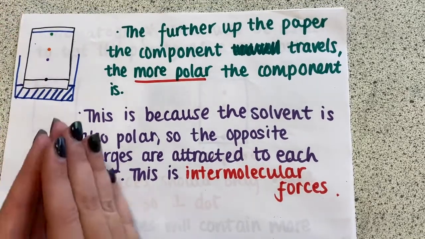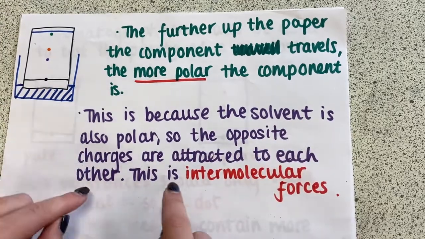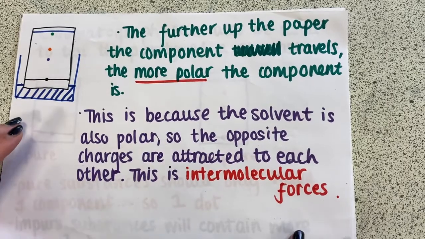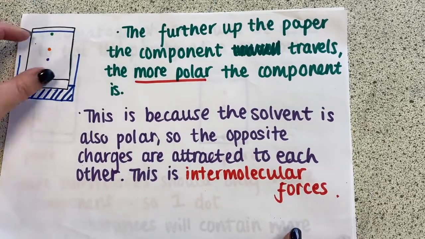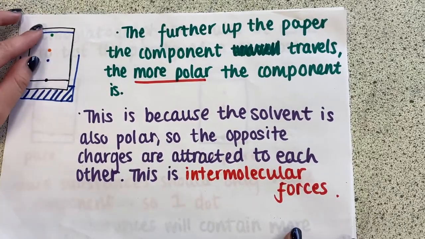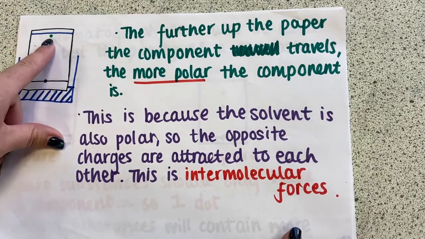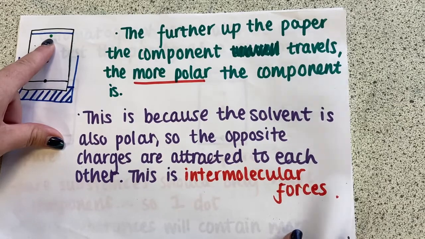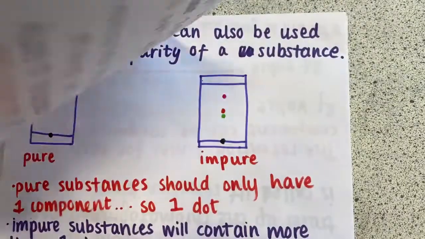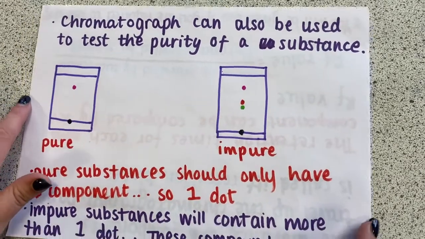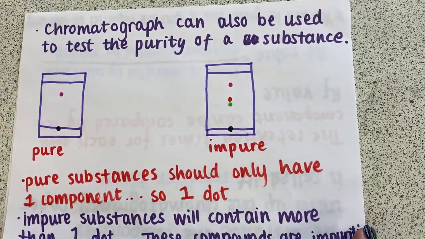Remember, the difference in electronegativity causes one side of a molecule to be partially negative and one side to be partially positive, so this is how we get these attractions. All you need to know is the higher up the dot is, the more polar the component is. It can also be used to test the purity of a substance.